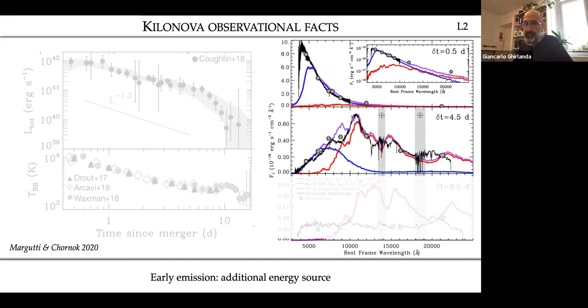So the emission at earlier phases, not sampled so far, I have a slide to describe this in a moment, not sampled so far in 1708-17, could reveal other emission components, other sources of energy that are not required, at least for the major part of the emission of this event, except maybe for the very early phases.